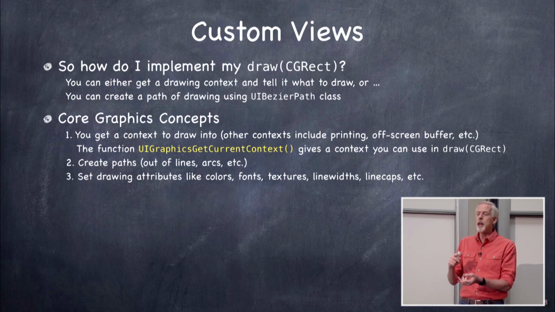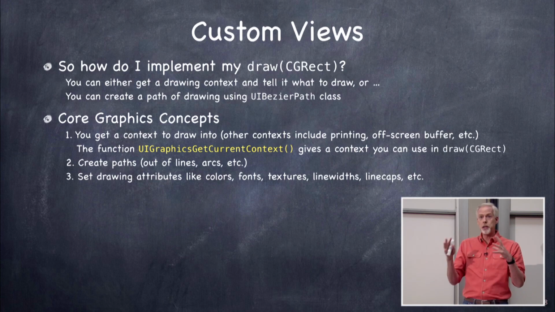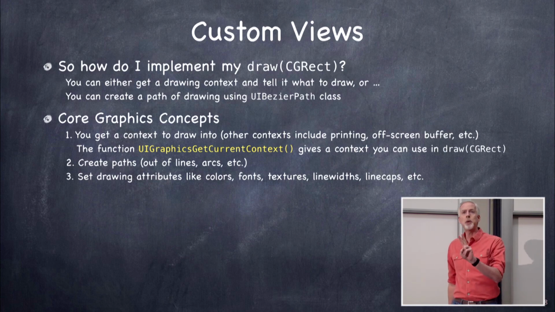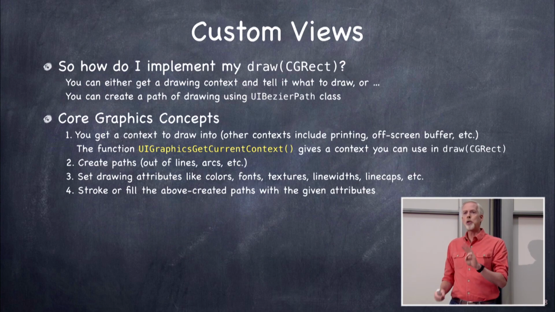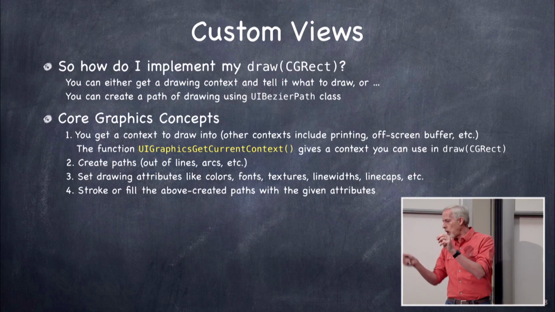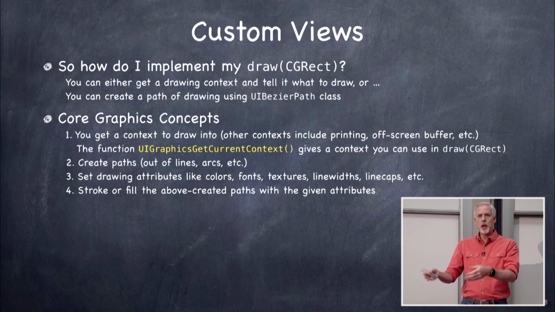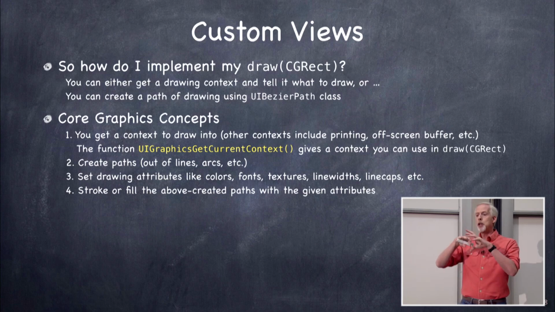We'll talk about fonts in a bit. But line width, textures, things like that, you set all those things up, and then you do one of two things with your path. You stroke it or you fill it. Stroke means draw a line along my path, with a certain line width and color. And fill means fill in the area that my line encloses.